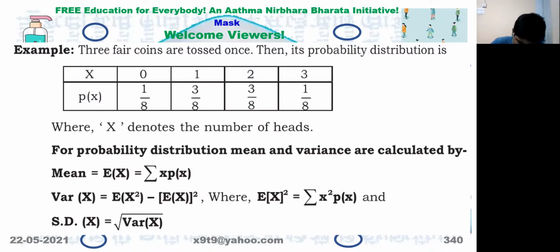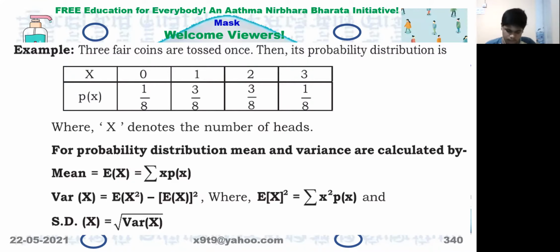Now you can write mean is equal to that sigma xpx itself. Mean is written as capital E within bracket x, equal to sigma xpx. The total, whatever comes, that itself is the mean.